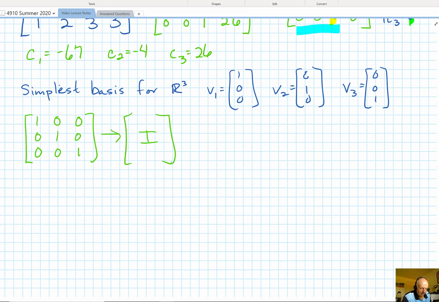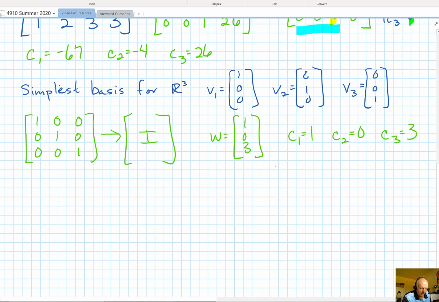So I can build any vector in R3 out of these. What was our vector W? 1, 0, 3, right? How would I build that? Oh, super simple. I don't even have to do any work, right? C1 equals 1, C2 equals 0, C3 equals 3, right?